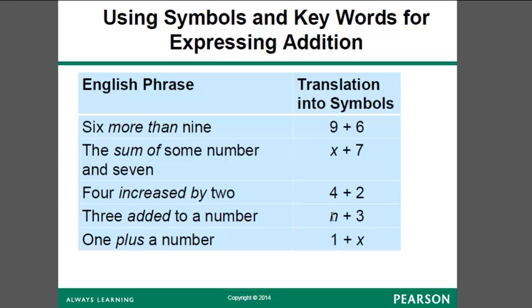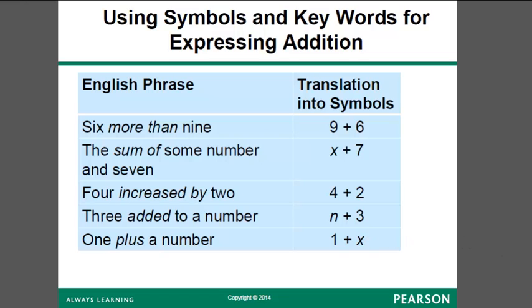This time I used n. n plus 3. That is because we're adding the 3 to the n. So you have to be careful on this one. 3 added to the number. 1 plus a number, doesn't matter, x, n, anything.